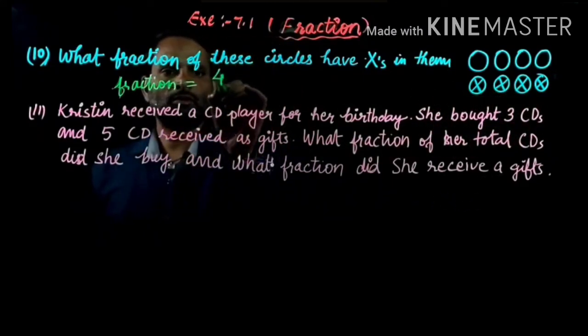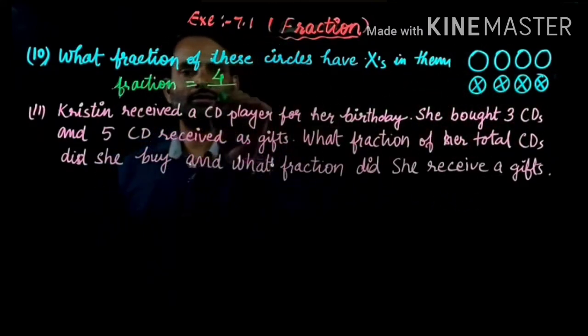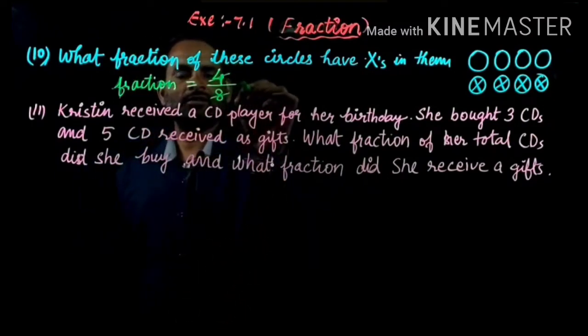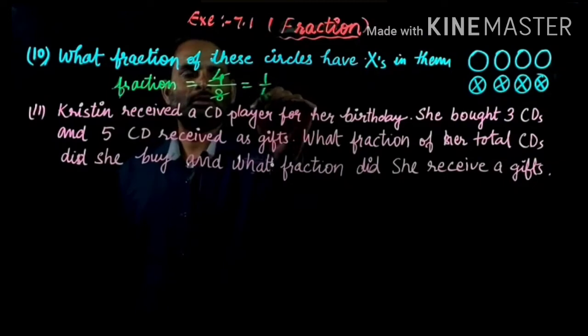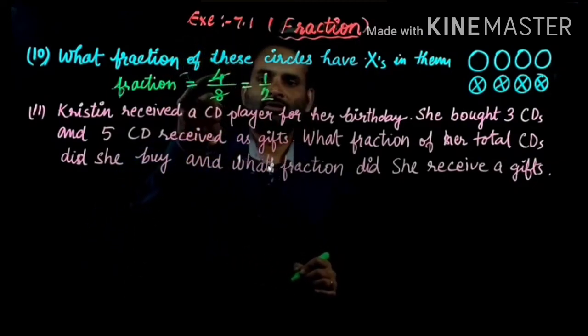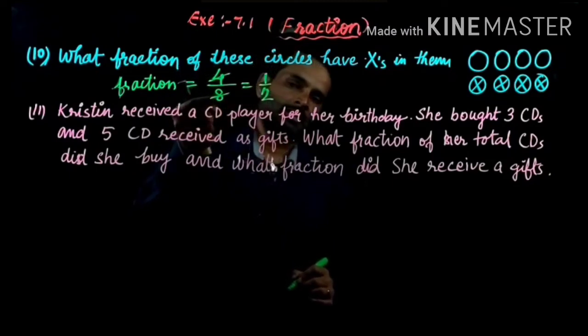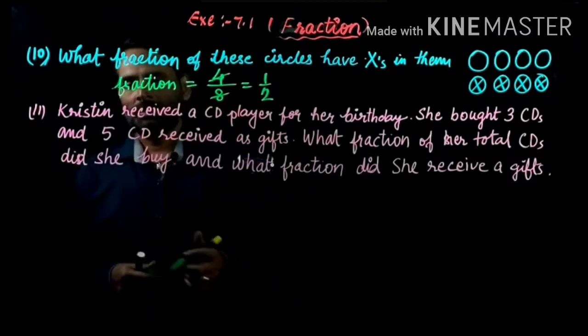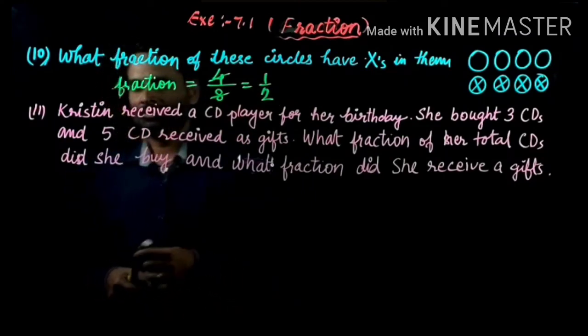So 4, and our total circles is 8. So this is 4 upon 8. After cancellation it is 1 upon 2, since 4 ones are 4 and 4 twos are 8.